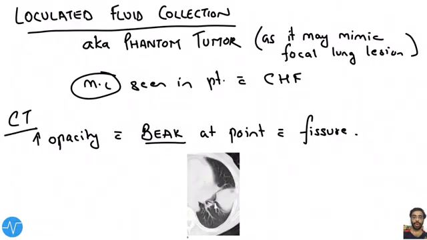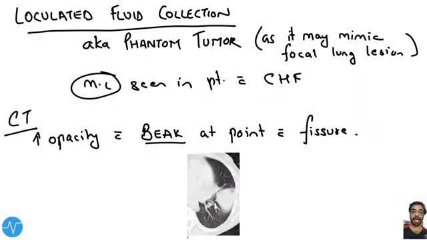What is loculated pleural effusion? Also known as a phantom tumor, as it may mimic a lung lesion, seen in patients with congestive heart failure. How is it seen on CT? It is seen as increased opacity in the fissure with a beak or a slight opacity tapering at a point with the fissure.